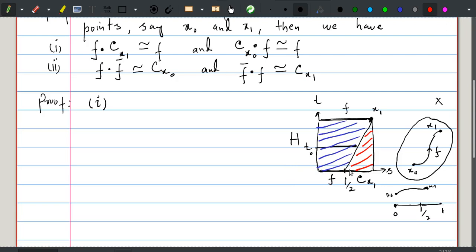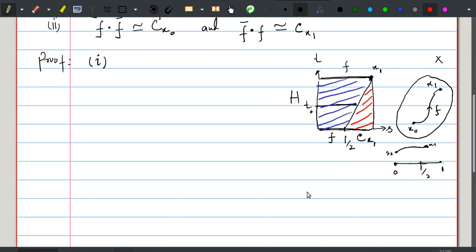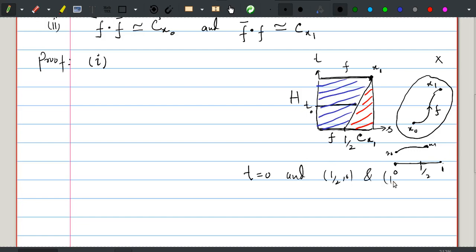Now one can note that this blue region is bounded by the line t equal to 0, the line t equal to 1, and the line joining the points (1/2, 0) and (1, 1).